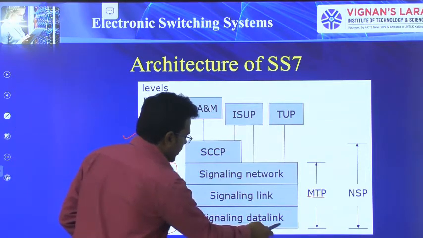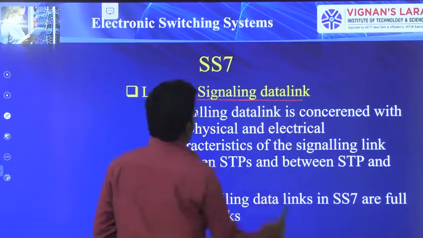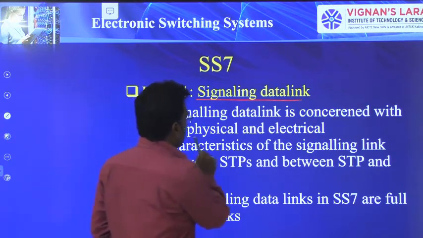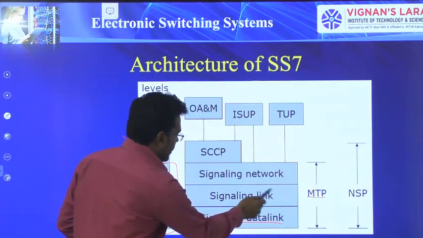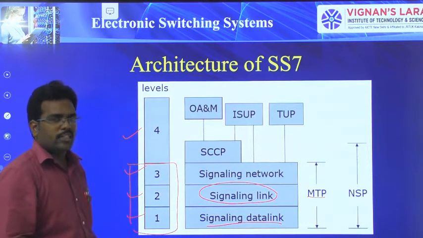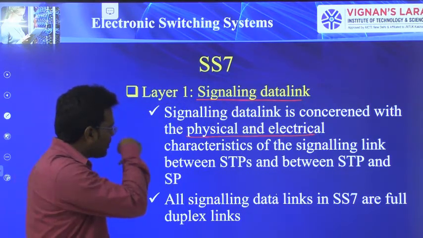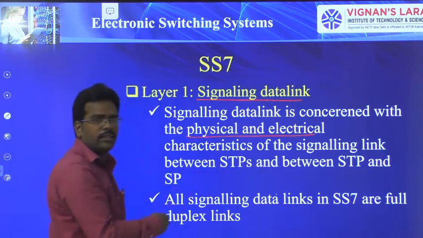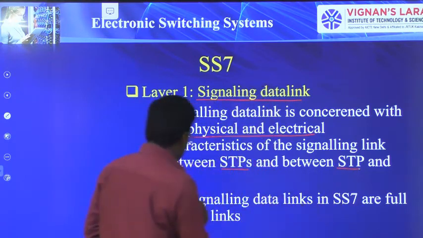First, coming to signaling data link. The first layer is signaling data link. This link is concerned with the electrical and physical properties of the signaling link. It mainly concerns the physical and electrical characteristics of these signaling links, and it also specifies the characteristics of these signal links in between STPs or in between STP and SP.